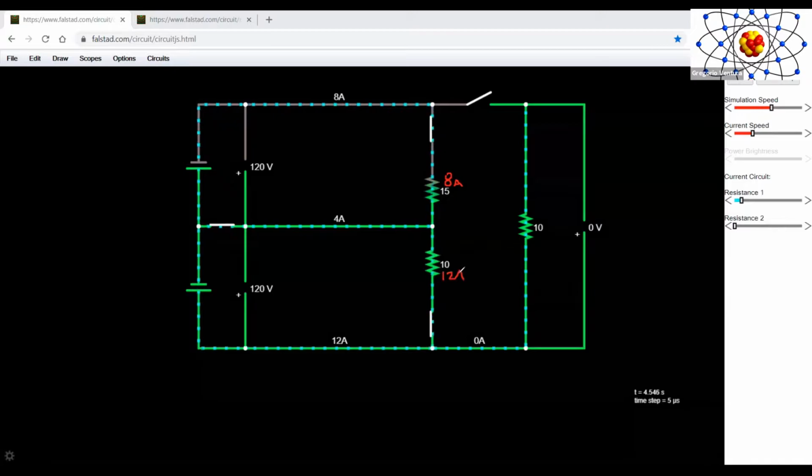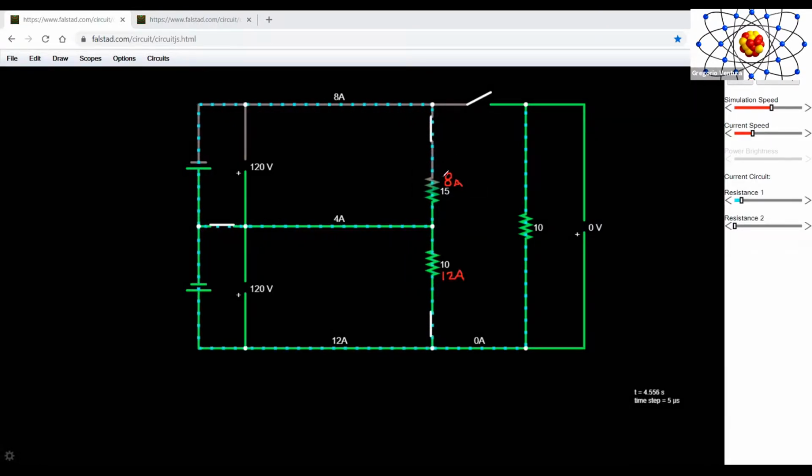So this one on the top has a power output which is going to be equal to 120 volts times 8 amps. So the power output of this component here is 960 watts. And that's before we lose the neutral.